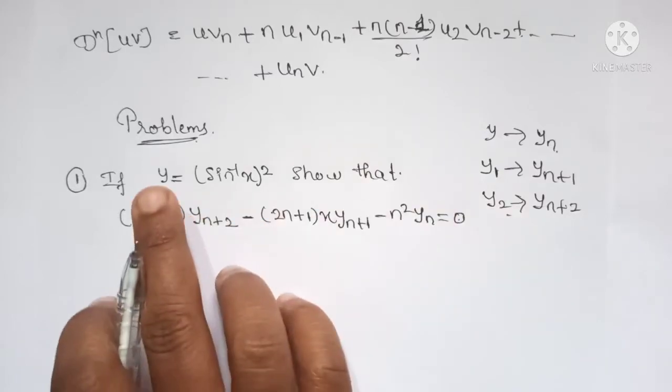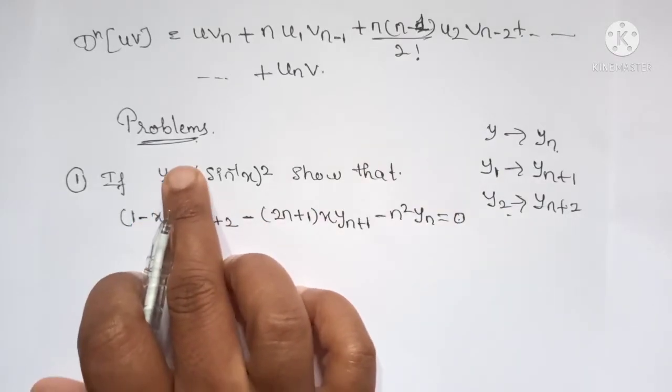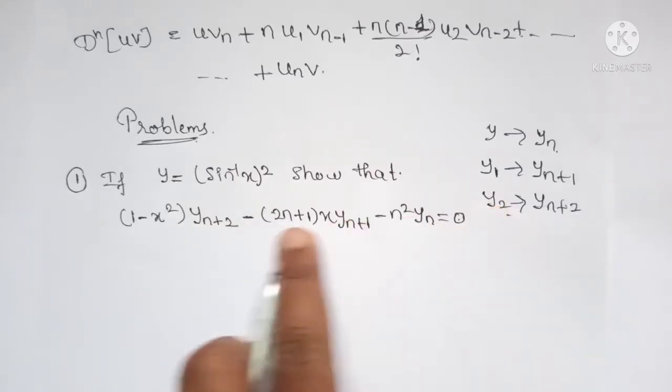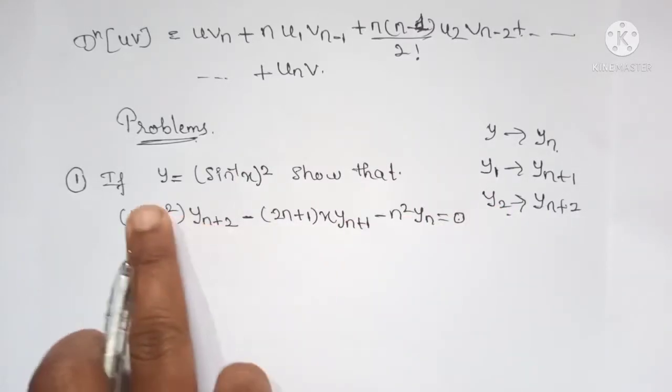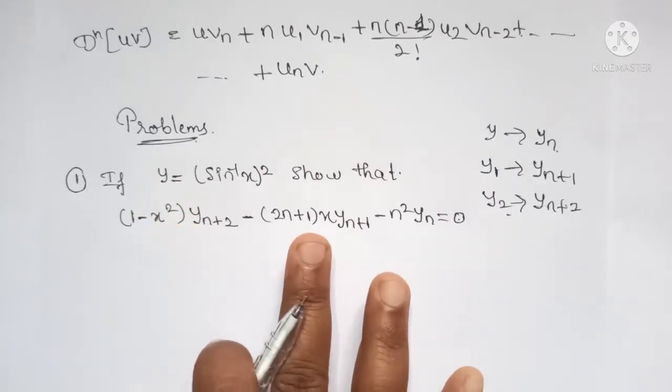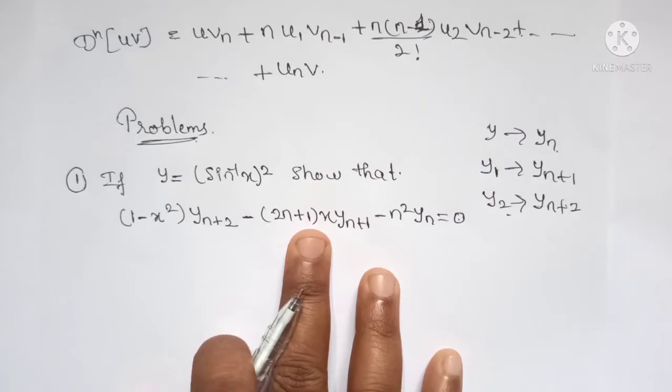First we differentiate y one step, then differentiate again a second time, then we apply the Leibniz theorem, because in this question we need y(n+2). If you apply it directly we will get only the yn term, so we have to differentiate first 2 times.